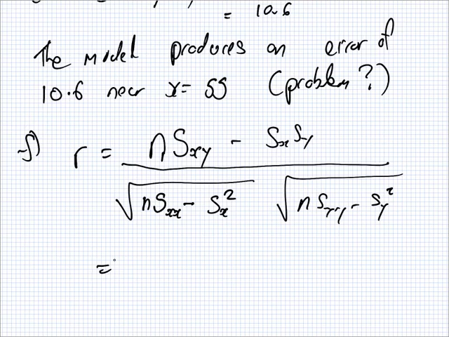9 times 21405 minus 485 times 552, over square root times square root.